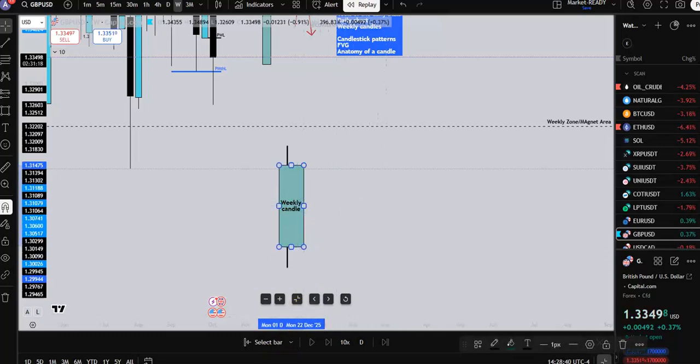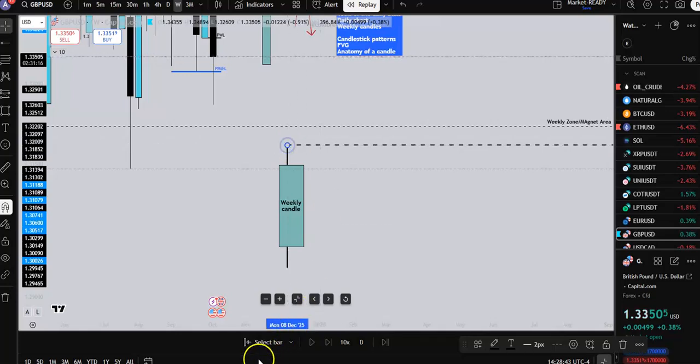So the first step in our weekly daily bias is to consider the previous weekly candle.